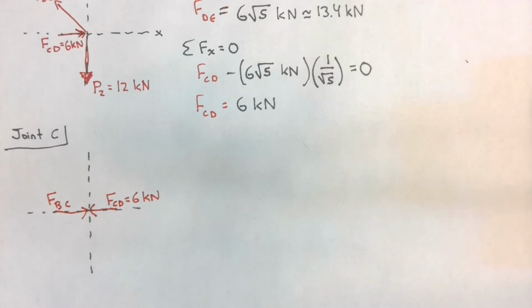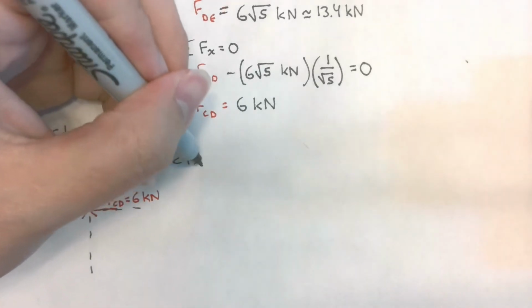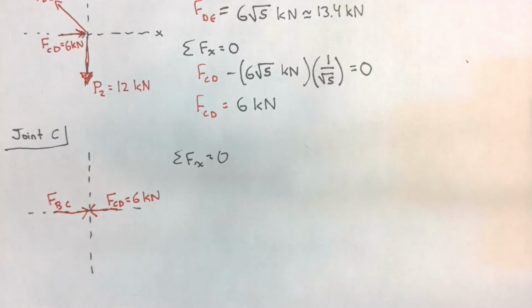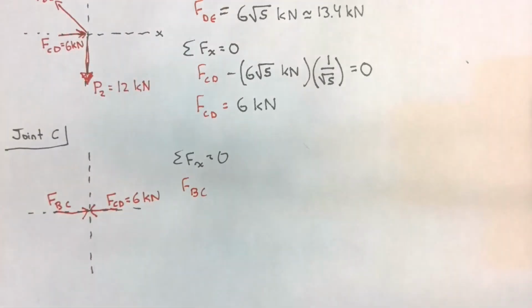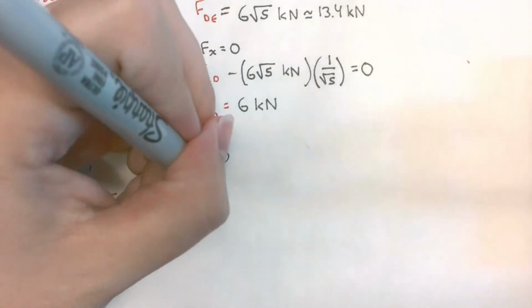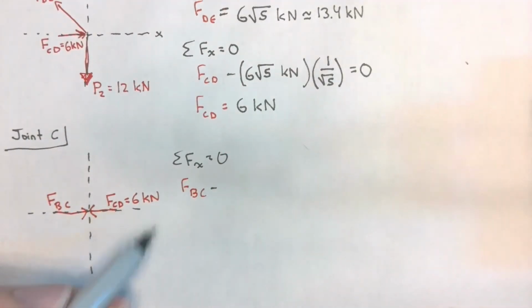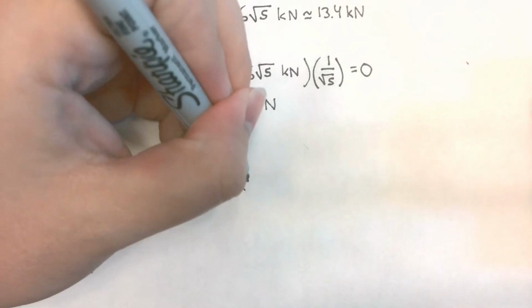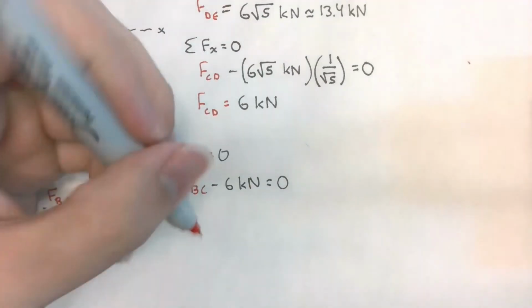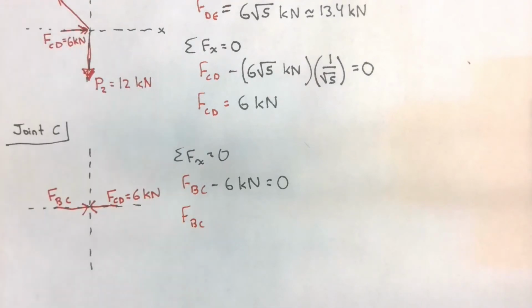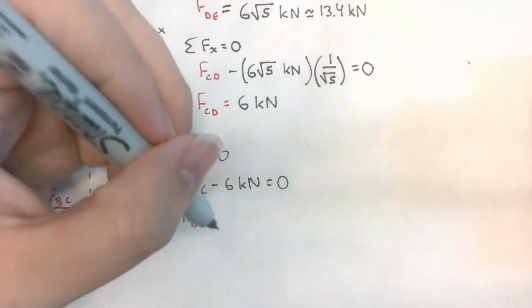Now this should be a very simple one, right? Sum of forces in the x direction equals 0. We have a positive force BC and a negative force CD, which is equal to 6 kilonewtons. And all that should be equal to 0. So that one's an easy one. So force BC equals 6 kilonewtons.